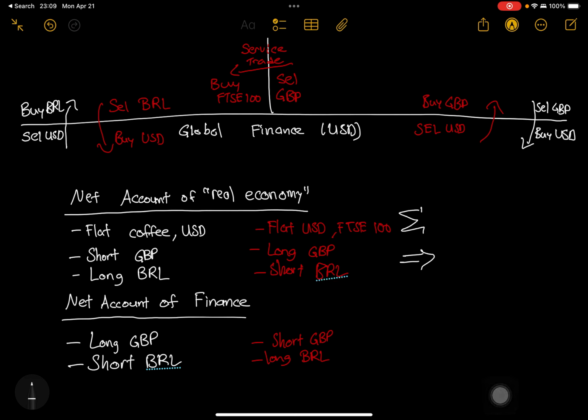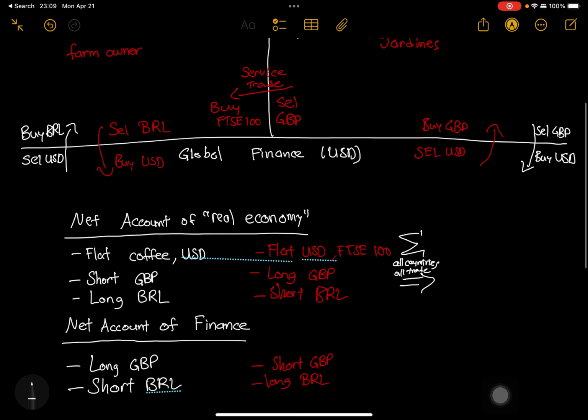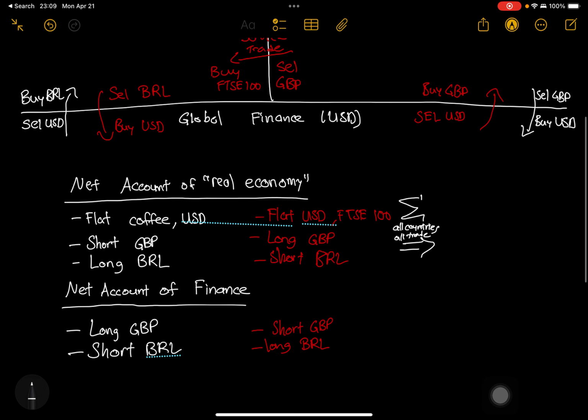So sum all countries, all trade, and with the UK specifically. And what we get at the end of this is a sort of a net position on pounds, at least from the UK's perspective. So it's net, in real life, it's actually net short Great British Pound.